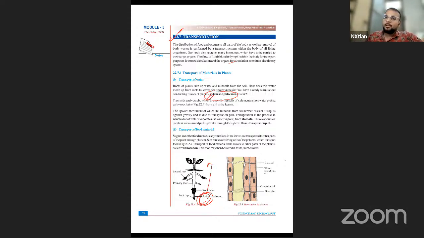We know that water always travels from high concentration to low concentration. Yes or no? It is basically called osmosis. Now what happens? Do you know the meaning of transpiration?